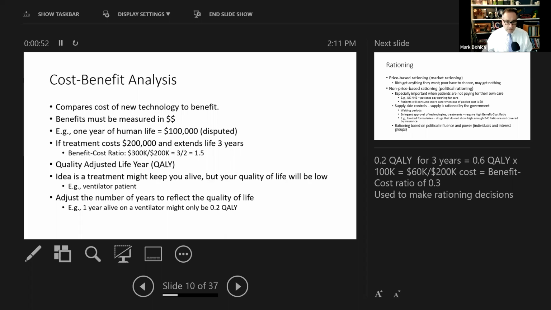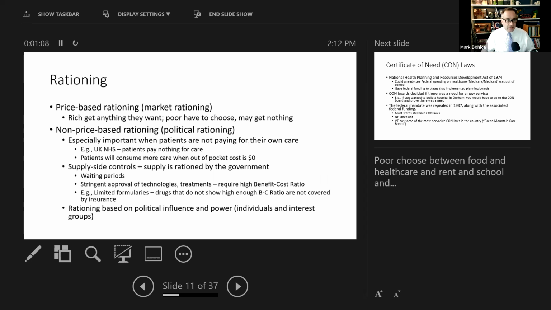So if you don't get a high enough benefit cost ratio, then an insurance company, or if you're in Great Britain, the British government, will just say, hey, we're not going to cover that particular treatment. So we'll talk about some of those treatments here in a minute.